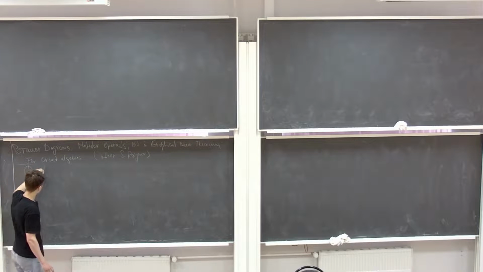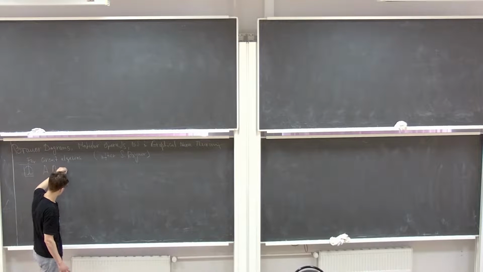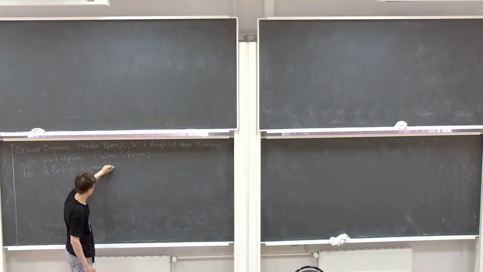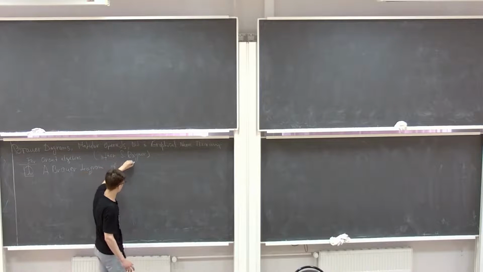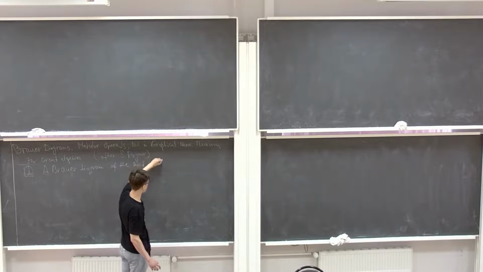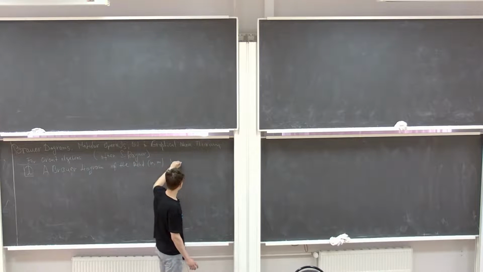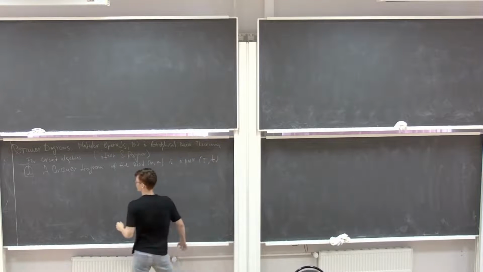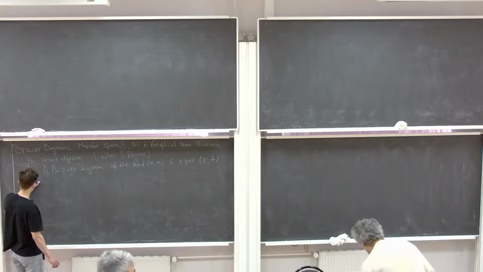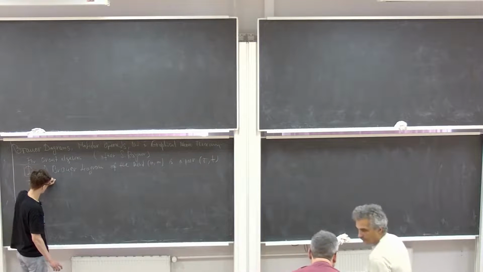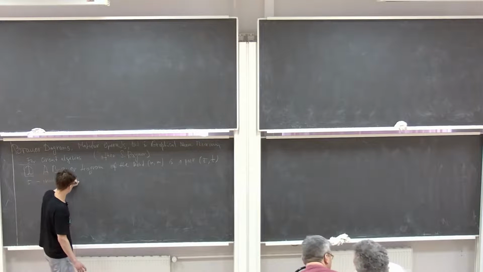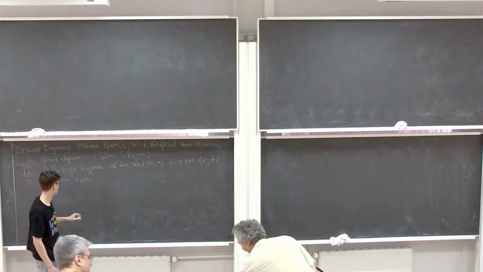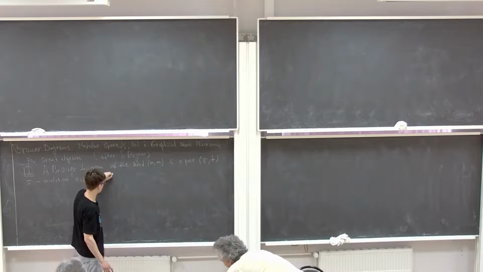A Brauer diagram of the kind (n, m) is a pair (tau, t), where tau is an involution on the disjoint union of two sets, one of which has n elements and the other has m elements, without fixed points.